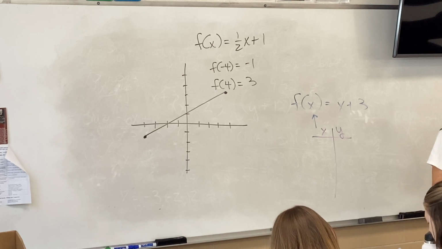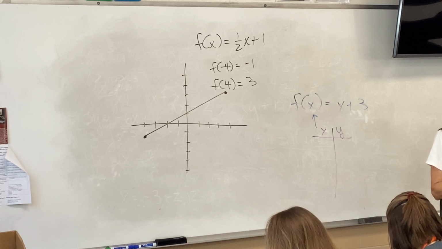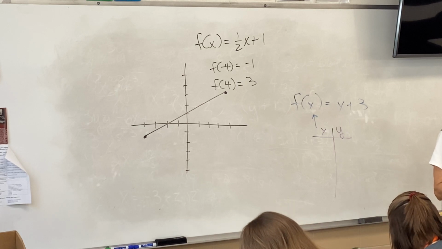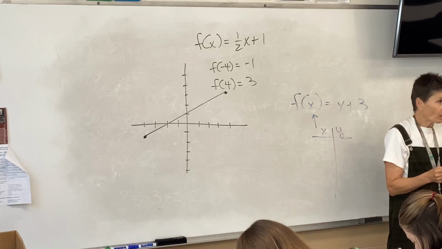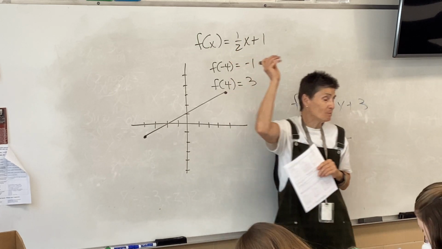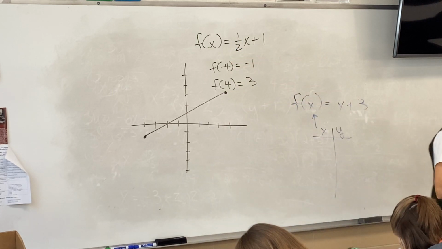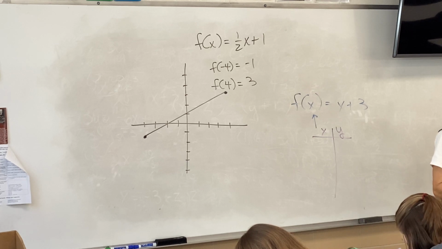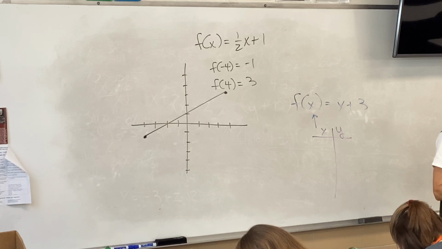So what do you think you should be doing? Just plotting some points. You don't have to write a rule. You didn't have to write a rule in this one either, but it helped. You don't have to write a rule here. You're just plotting some random points that are not going to be a line. I don't know, they're going to be some kind of thing.